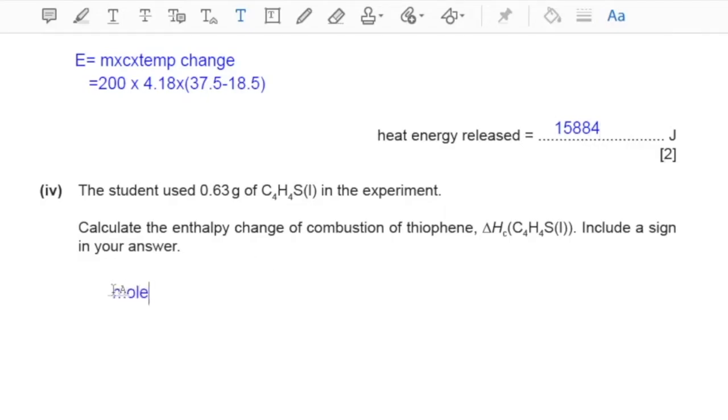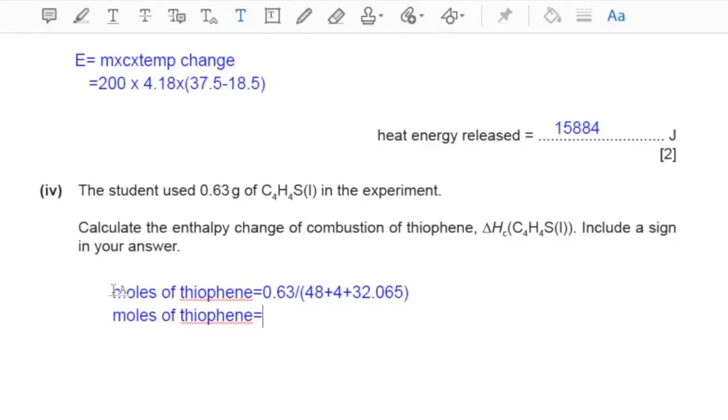So moles of thiophene is equal to mass, which is given to us as 0.63, divided by relative formula mass of thiophene, which is 48 plus 4 plus 32.065. Hence, moles of thiophene are 7.49 times 10 to the power minus 3.